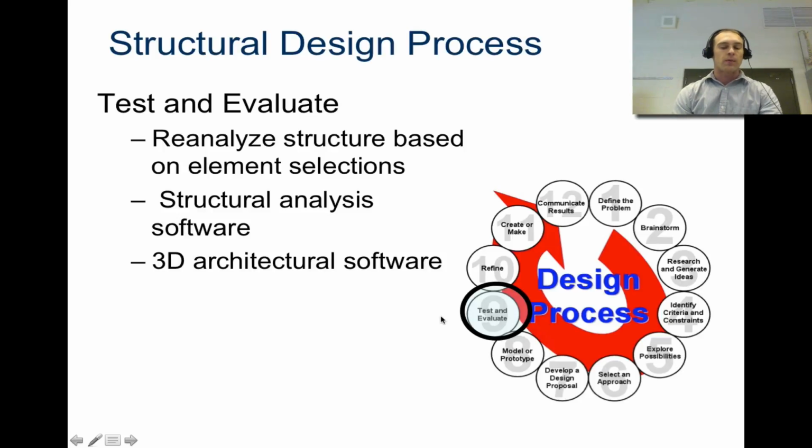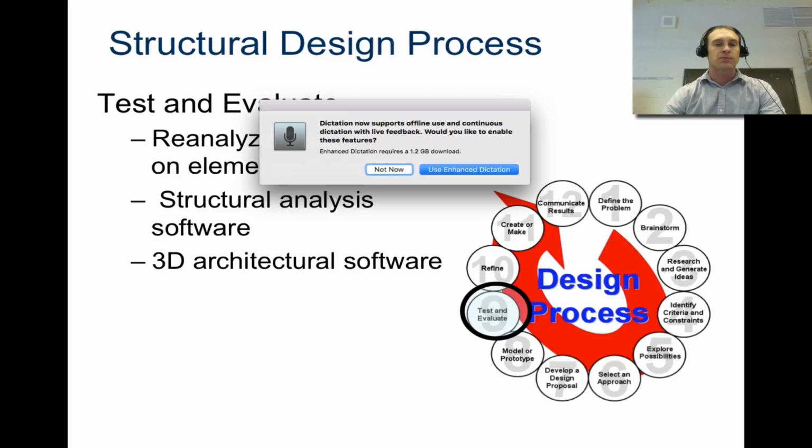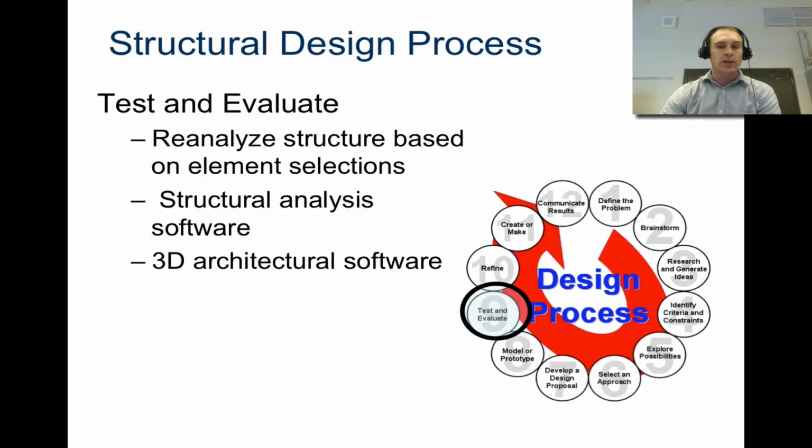You can't actually build an entire bridge, drive a ginormous truck over it, watch it collapse, and then say, oh, it wasn't strong enough. You actually have to do structural analysis using modeling software. That's the 3D architecture software.